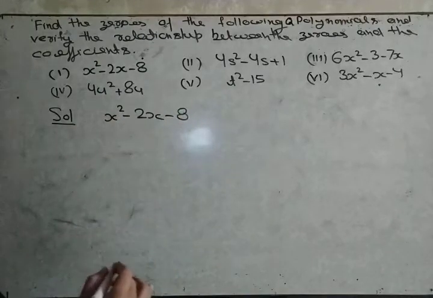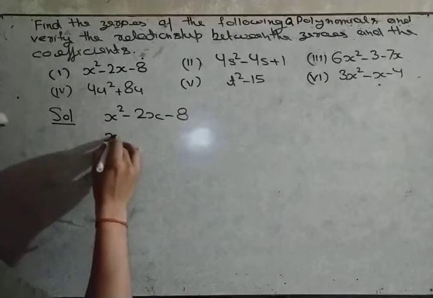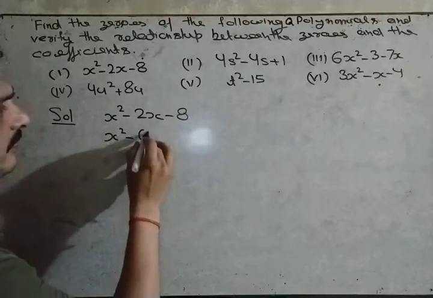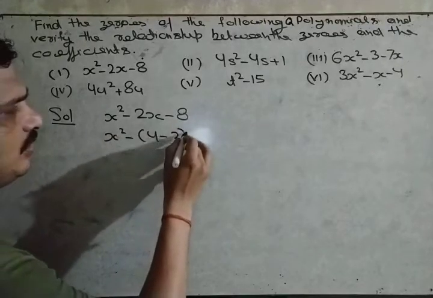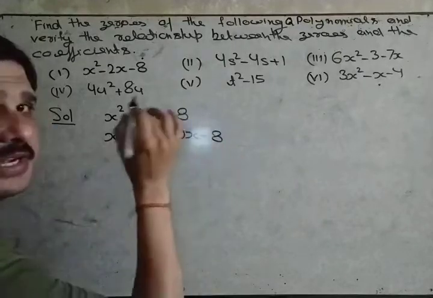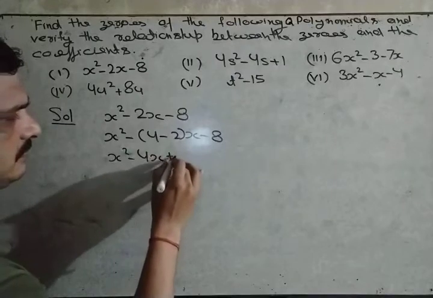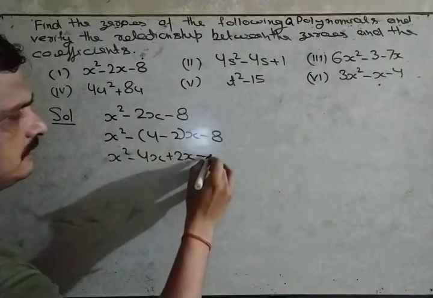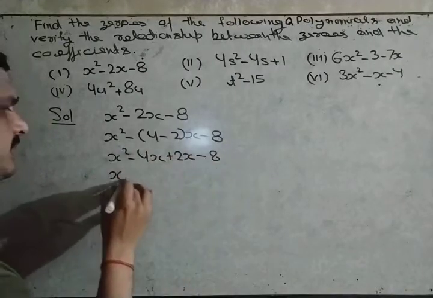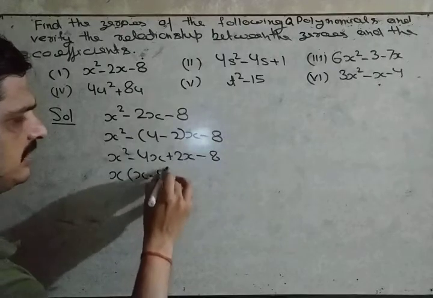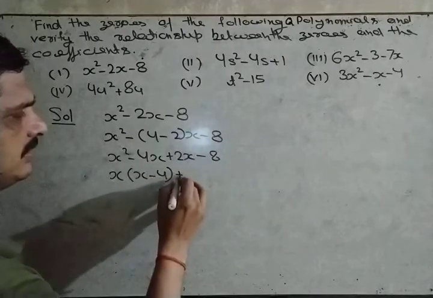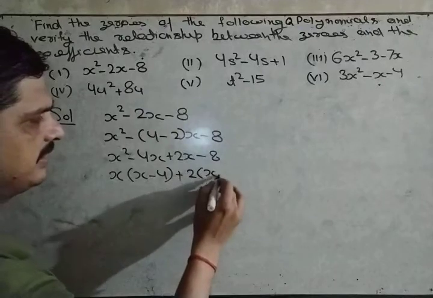We will split the middle term, and I think you all know how to split the middle term. Take x common, x minus 4, 2 common, x minus 4.